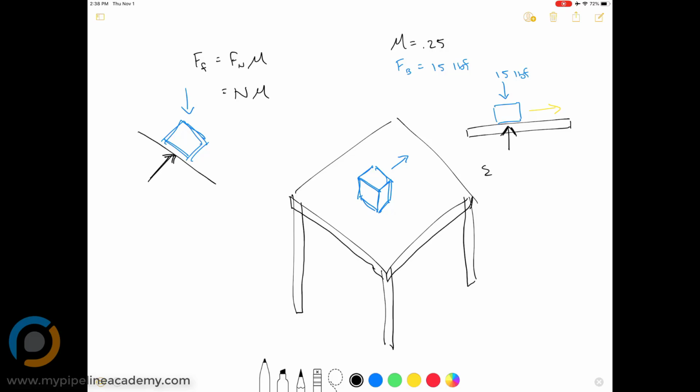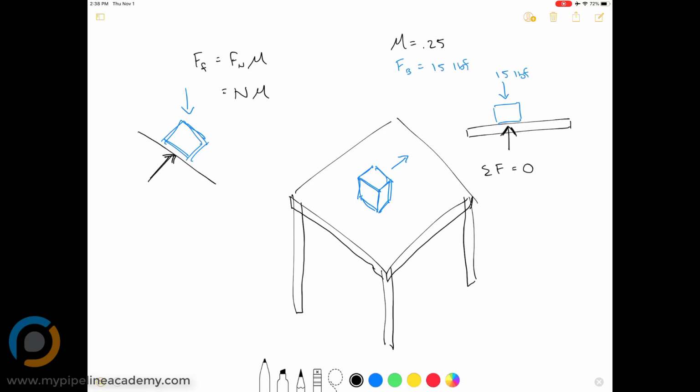So say the sum of the forces equals 0. And if we look at the forces here, I'm just going to erase the yellow arrow I drew to indicate the direction we're sliding. Say the only forces acting on this system right here is the force of gravity, or in other words, the weight of this block, and then the reaction force, or the normal force, on the bottom.